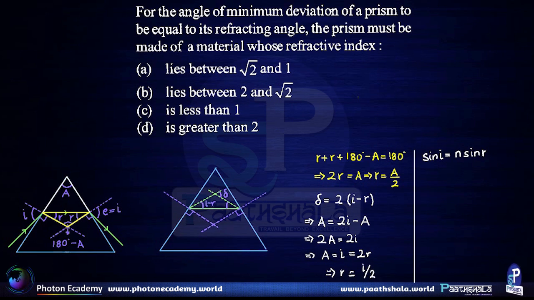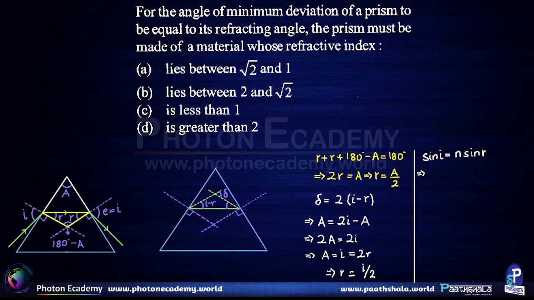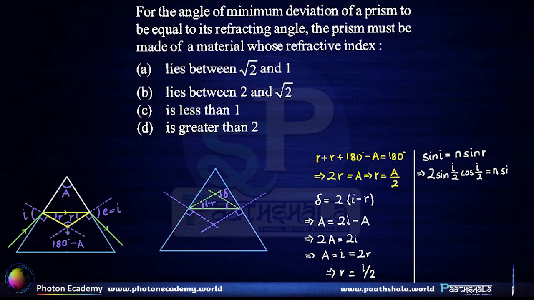So on the right hand side, I can also write sine I as sine of twice of I by 2, or 2 sine I by 2 cos I by 2, which is equal to n times sine R, that is n sine I by 2.